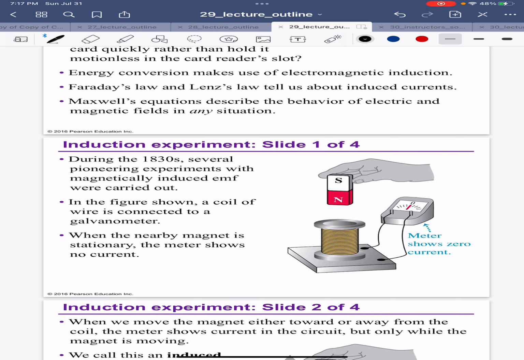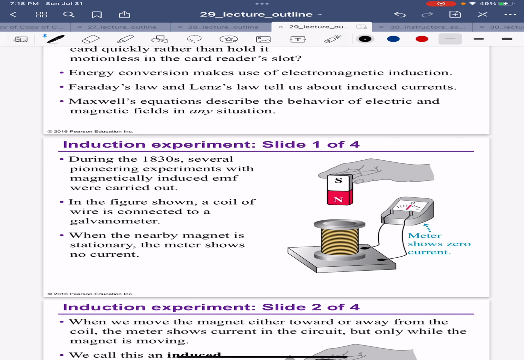There is an experiment here that was done by different scientists, I will say, during the 1830s. And all of them are central about the idea that a magnet can induce an EMF in a coil. And here you can see that there is that coil here, the yellow.